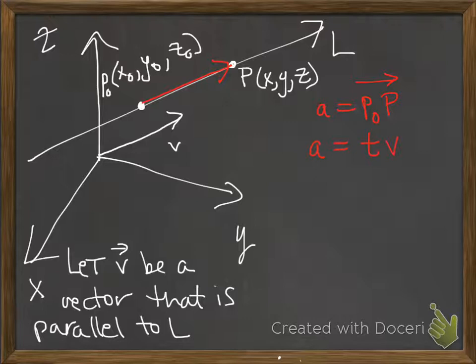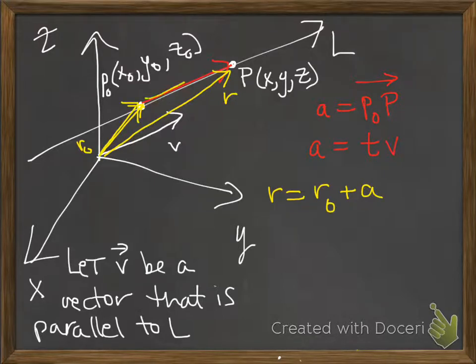Alright. Now let's define or draw two position vectors to my two points on my line. So the first one, which we'll call r naught, is the position vector to the known point P naught, and then we'll say r is the position vector pointing towards my arbitrary point P. Now notice that r is equal to the sum of the vectors r naught and A. Right? That's our vector addition.